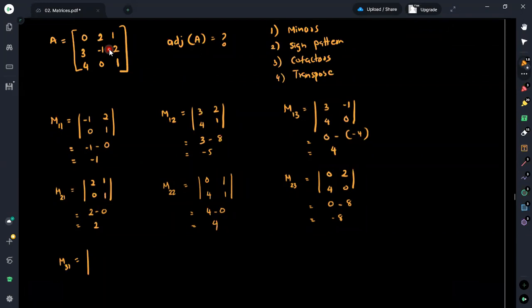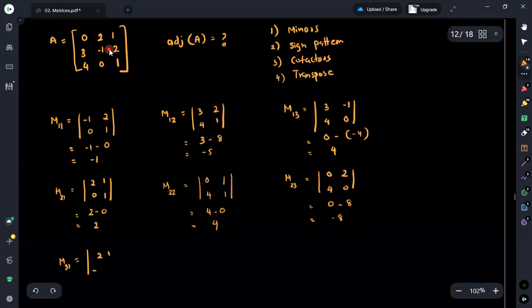M31, first row and third column cut down, then 2, 1, minus 1 and 2, 4 minus 1, which equals plus 5.